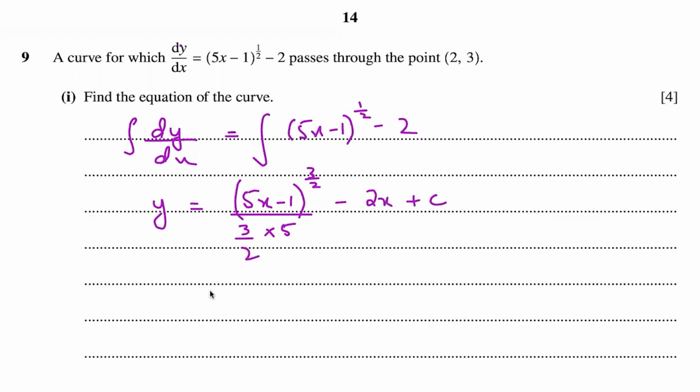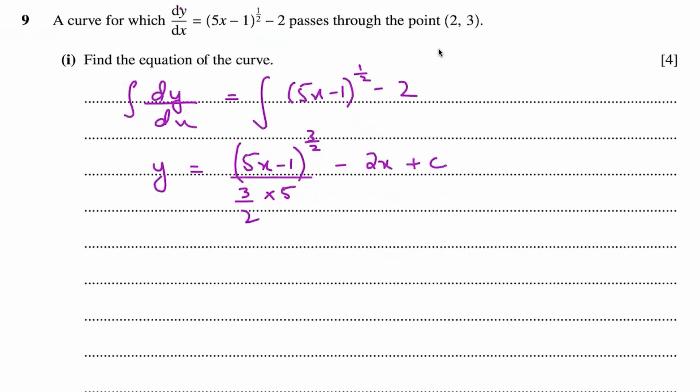Now to find the value of c, we'll substitute the coordinates (2, 3). So substituting y equals 3 and x equals 2, we get minus 2 times 2 plus c.